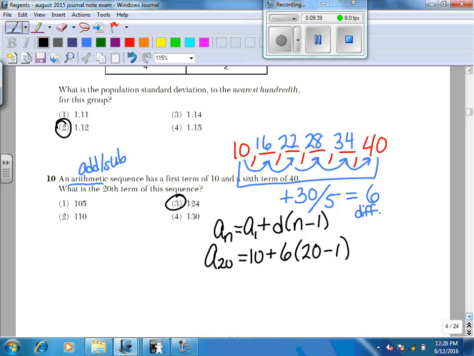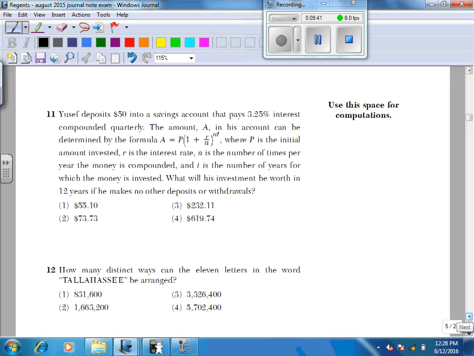Okay. Number 11. Big, long paragraph. They tell you what all the variables are equal to. Let's start to substitute in. It says he deposits $50. So that's our P value, the initial amount invested. 1 plus our rate, which is 3.25%.